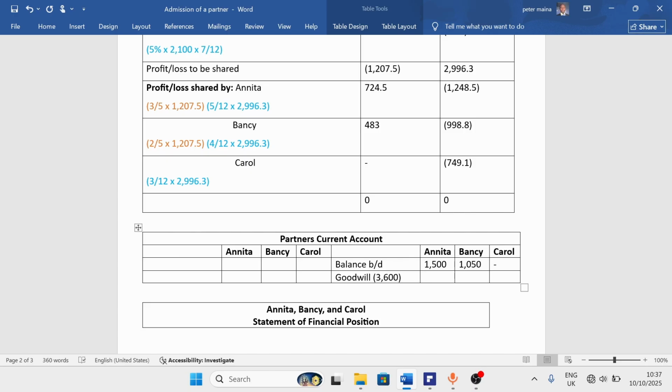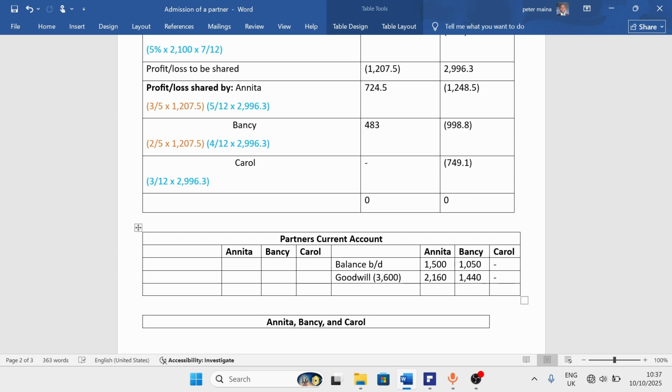So Anita is going to take 2160. And then Bansi is going to take 2 divided by 5 times 3600, which is 1440. And Carol, as the new partner, does not have a share in that goodwill.